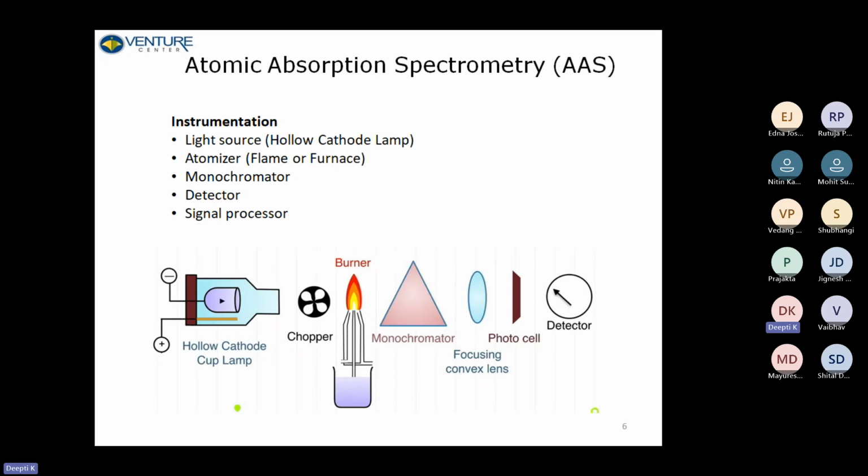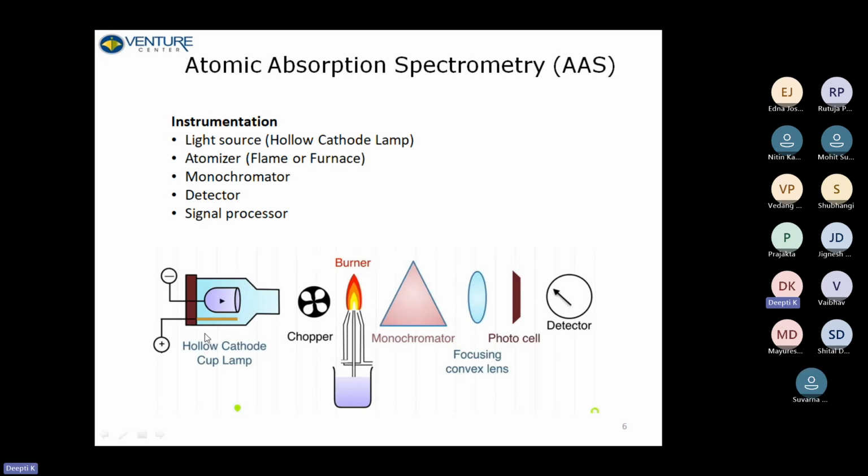So the cathode of this hollow cathode lamp should be made up of the same element that we want to analyze. If I want to analyze lithium, the hollow cathode lamp should be made up of lithium. If I want to analyze arsenic, it should be made up of arsenic, and so on. So for each element in AAS, there is a different light source that has to be replaced each time.